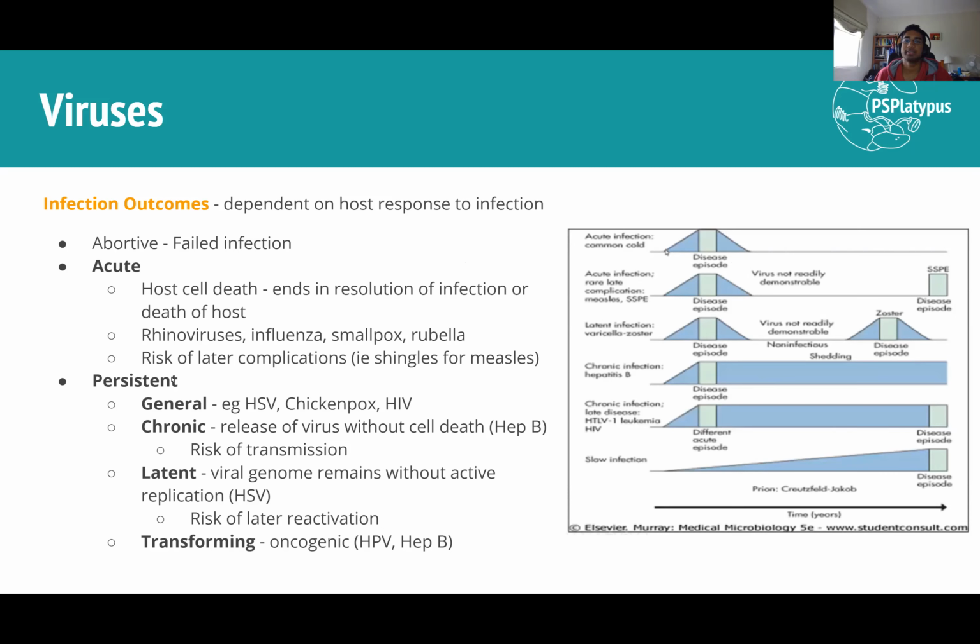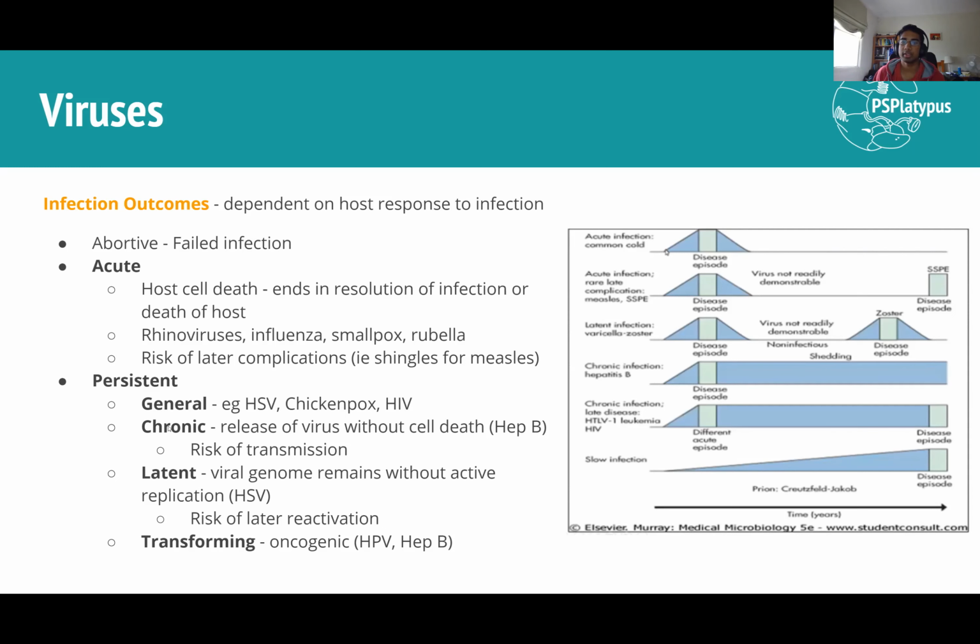Then we also have persistent infection. This usually has more subtle effects on host cells, because the ones with major effects are too big to miss. So you have a normal sort of chronic infection, which is just like how we have a whole bunch of bacteria all the time, and we have shedding of the virus. So you constantly have viral particles being released, which makes you quite infectious.